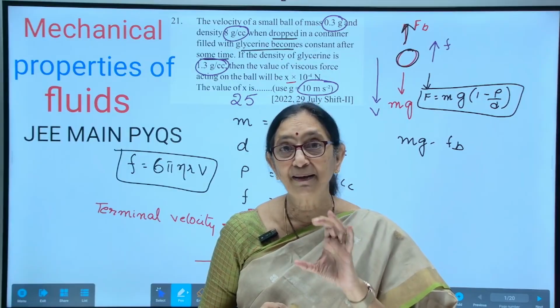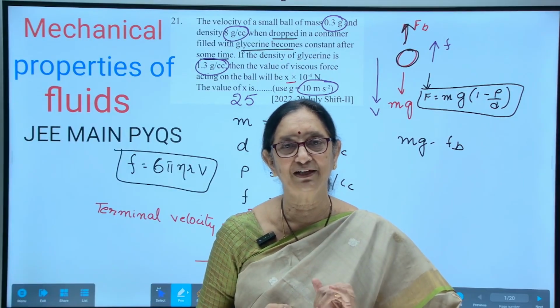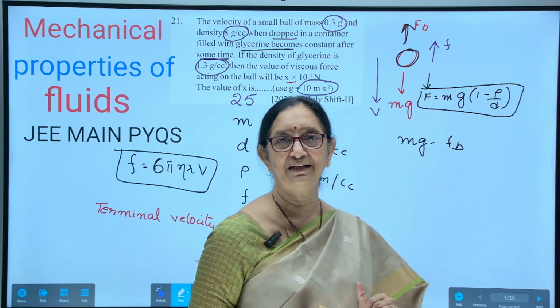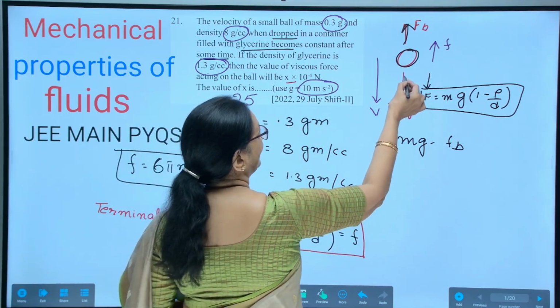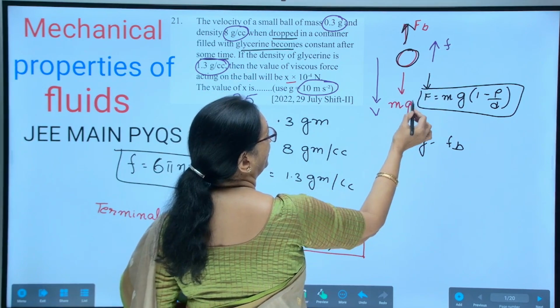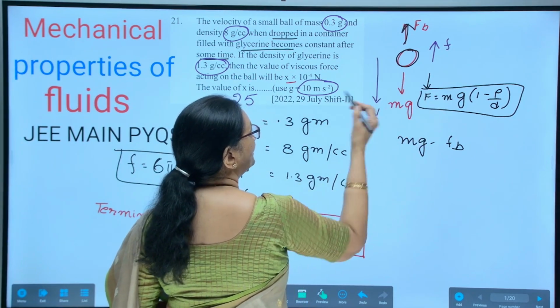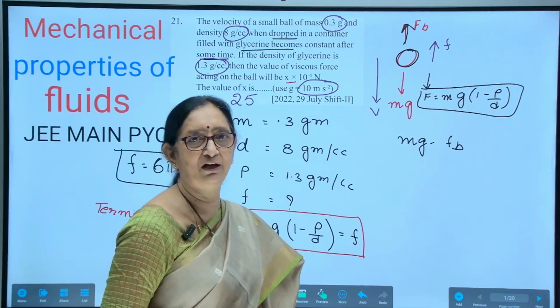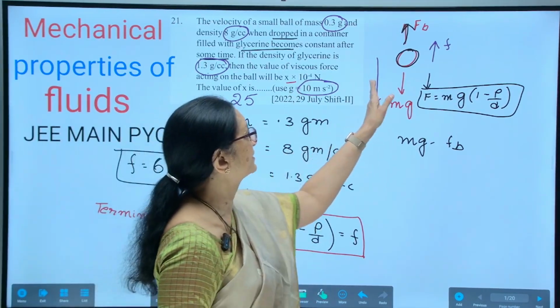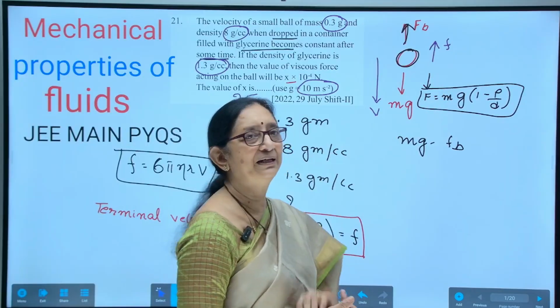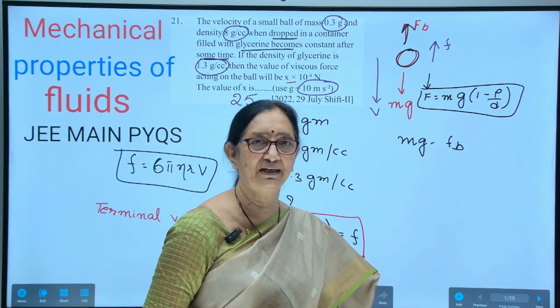Now, viscous force is like friction in case of solids, it opposes the relative motion. So, it comes into play in a direction opposite to the velocity of motion. As a result of the net force due to weight and buoyancy, the object moves down with some velocity. Then viscous force opposes its motion, so it comes into play in the upward direction.